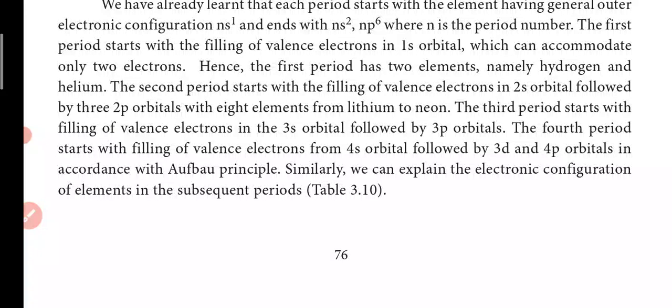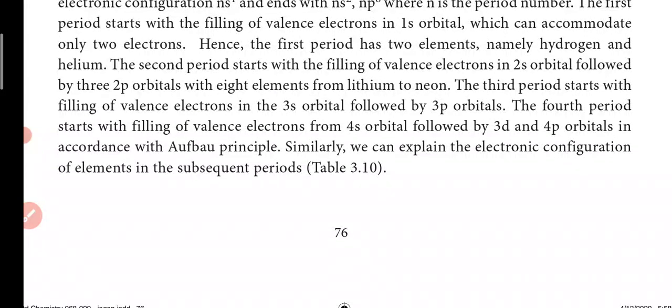The third period starts from the 3s orbital and goes up to 3p. The fourth period starts with the valence electron in 4s, goes to 3d, and then the 4p orbital, according to the Aufbau principle. Check how 4s comes after 3p, then 3d after 4s, and 4p after 3d, using the Aufbau principle.